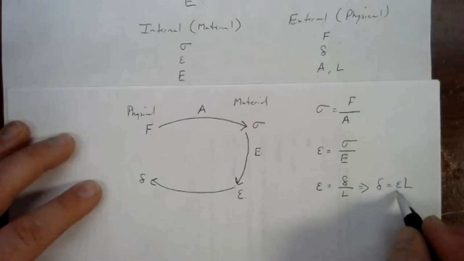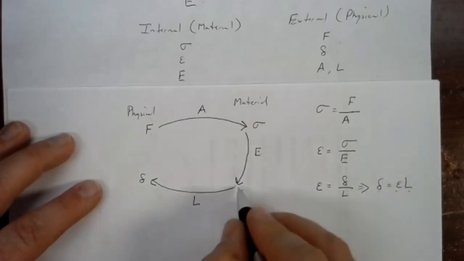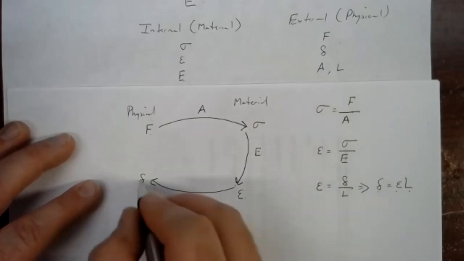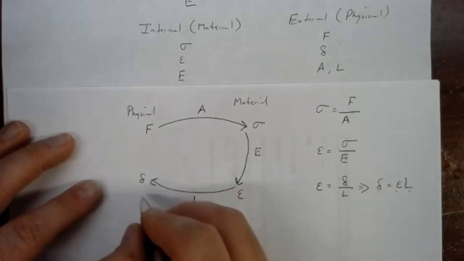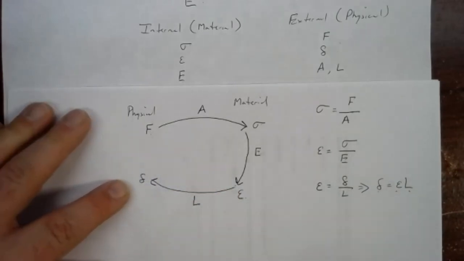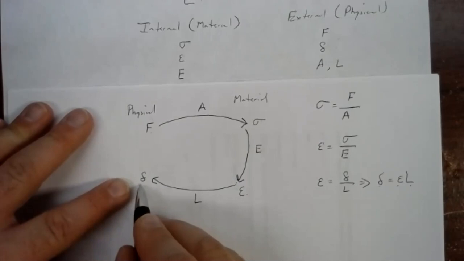The strain tells us how much each inch grows by. The length tells us how many inches we're dealing with. So we get our elongation. So it's length that connects strain and deformation. So we get over here to our physical deformation, the amount of change in length.